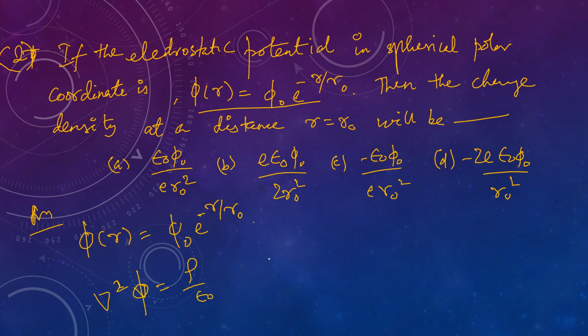How to solve this? So rho is actually our charge density.